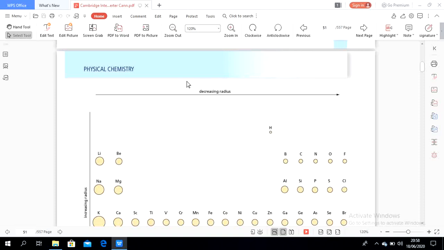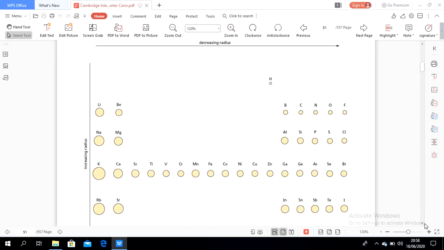From the diagram here, these elements are arranged like the periodic table: lithium, beryllium, then the transition metals, and then boron, carbon, nitrogen, oxygen, and also fluorine. The noble gases are not written because noble gases are stable.